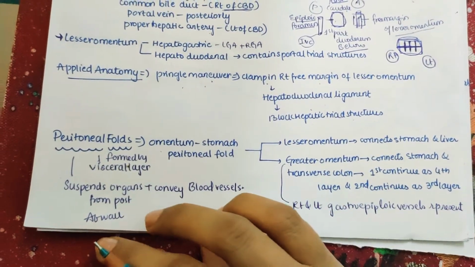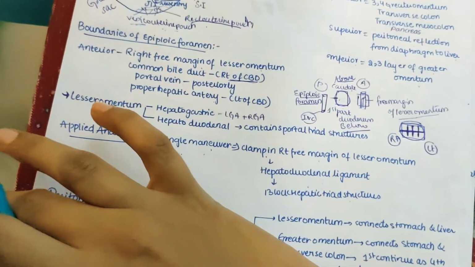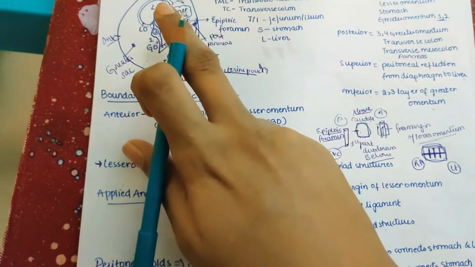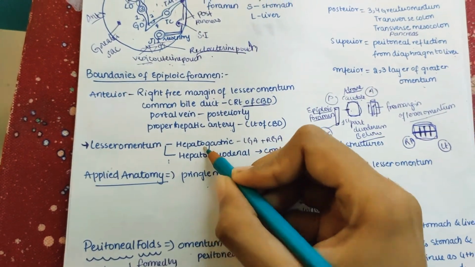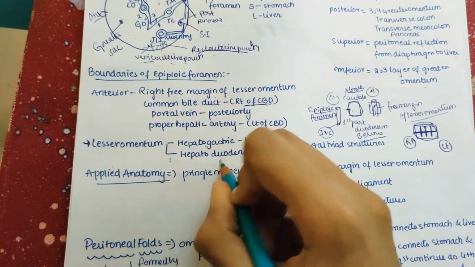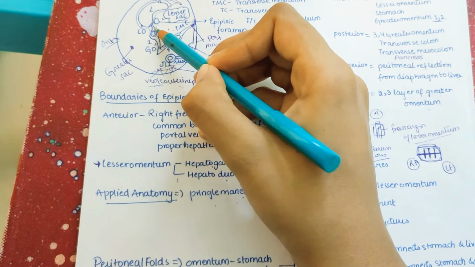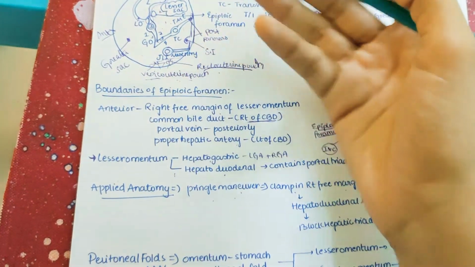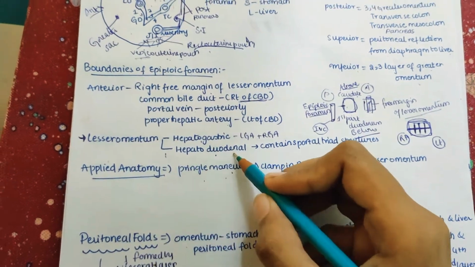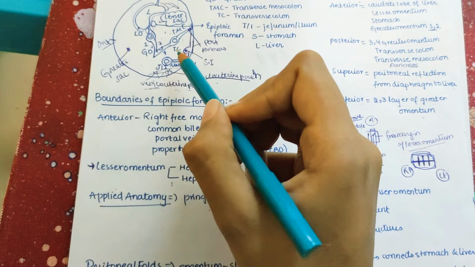Next coming to the peritoneal folds. Before peritoneal folds, we will see that I said this is lesser omentum, right? Lesser omentum is divided into two parts. One is the hepatogastric part, one is the hepatoduodenal part. What is hepatogastric part? It is here, this one. Hepatogastric means between the liver and stomach. And the other one is the hepatoduodenal part, that is between the liver and the duodenum.